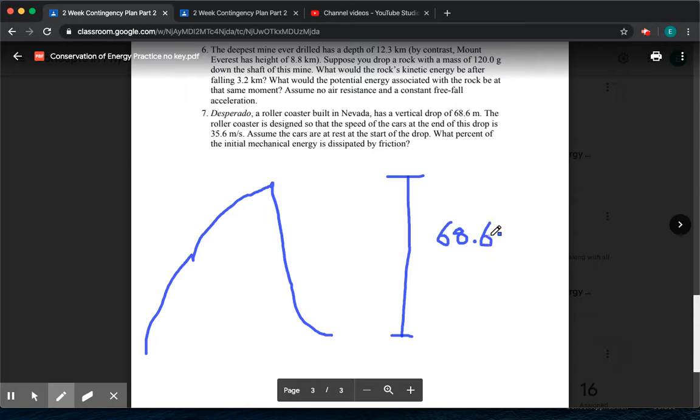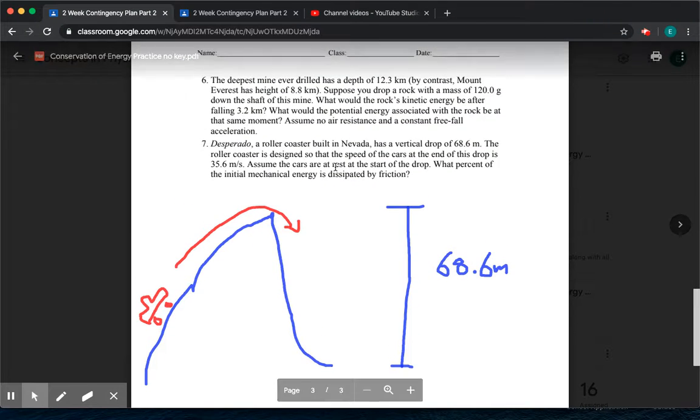This is what we know. So you're just a car or a roller coaster going up, and then you have your vertical drop at the bottom, 68.6.